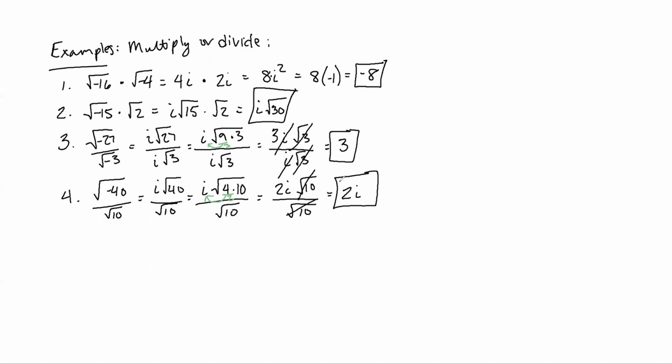All right, so those are imaginary numbers. Now let's take a look at complex numbers. And complex numbers are kind of a broader category of imaginary numbers. So imaginary numbers are contained within complex numbers.